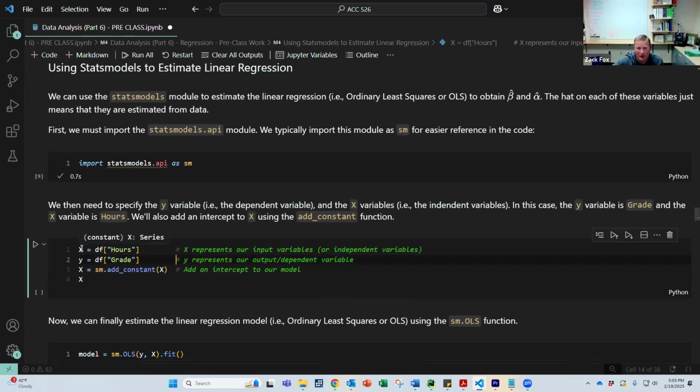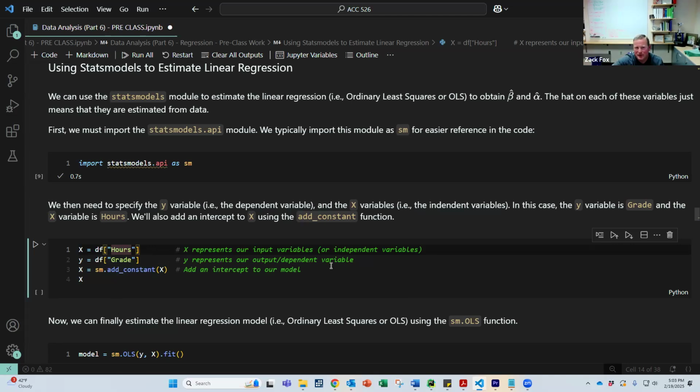Here, I'm literally just defining the variable x, which represents our input variables or the independent variables. In this case, we just have one, hours. Y is our dependent variable, which is the grade. Now I'm also going to add an intercept, remember, to the basic line that we learned up above.